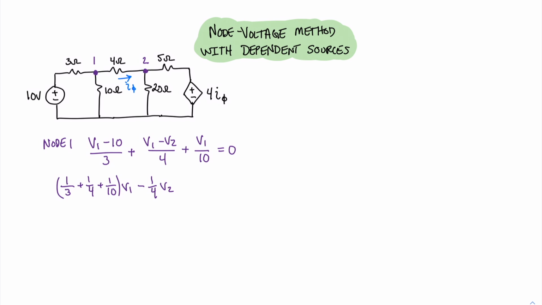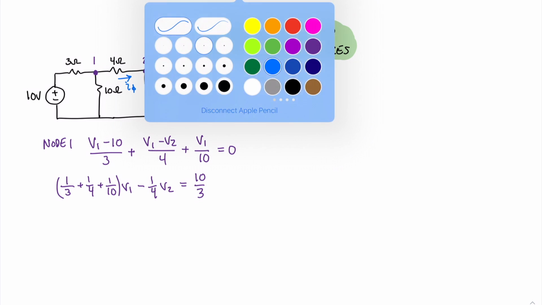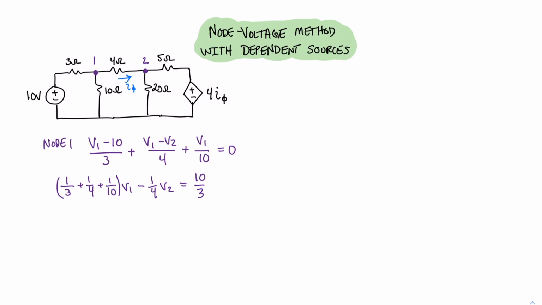And then we have minus 10/3, but we'll move it to the right. Looking at this, we can see that our least common denominator is 60. So we're going to multiply both sides by 60, and simplify the equation from there. In this case, we get 41 V1 minus 15 V2 equals 200.